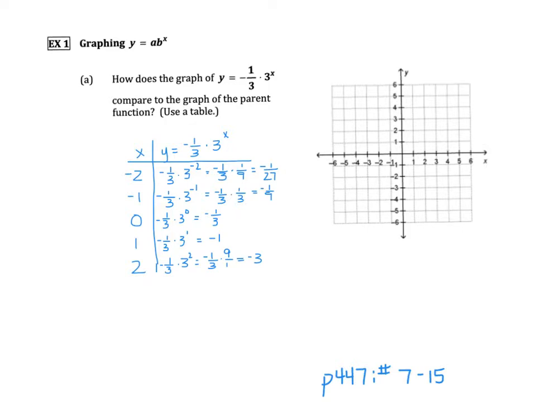On this slide, we're going to graph the function y equals negative 1/3 times 3 to the x power. And this is going to be a vertical compression because the a value is 1/3, which is between 0 and 1. And we also have a negative in front of this, which is a reflection on the x-axis.